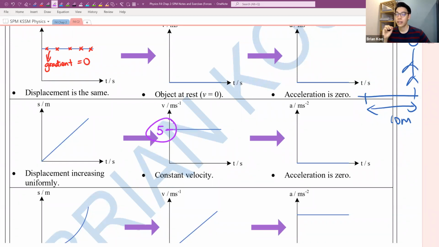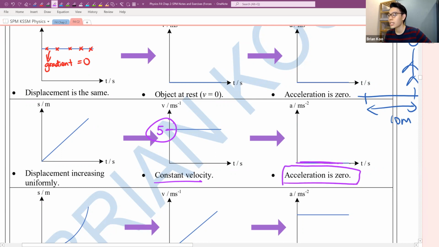The question now is, is this thing speeding up or not? No, right? Just constant velocity of 5 throughout, not getting faster, not accelerating, therefore acceleration is 0, right? If you understand that, very good.